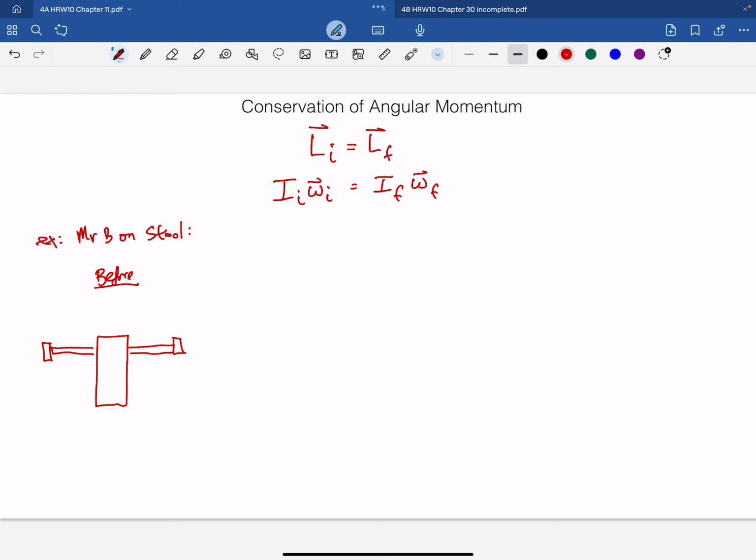What we're going to do is model me sitting on this stool. We're going to model the stool and the core of my body, my legs, my chest, my head, everything, as a cylinder, not a sphere.